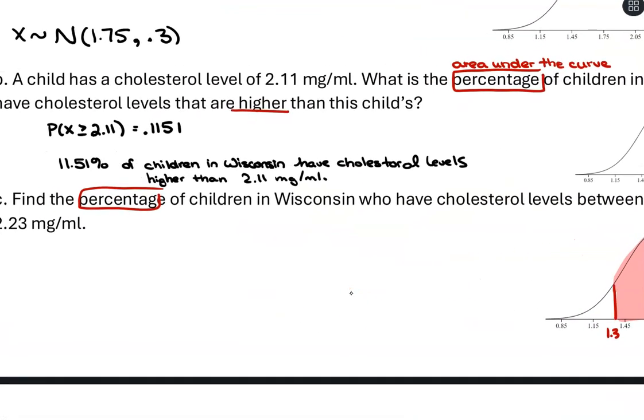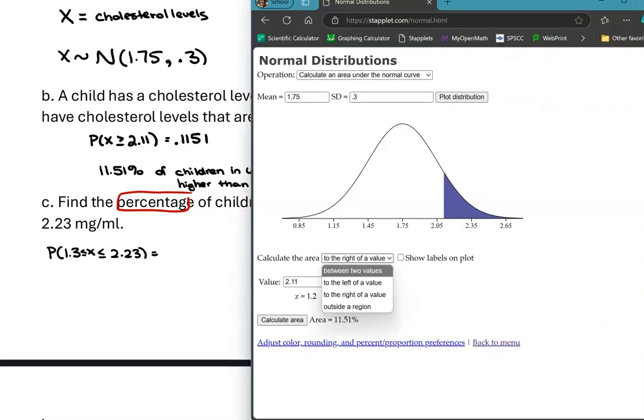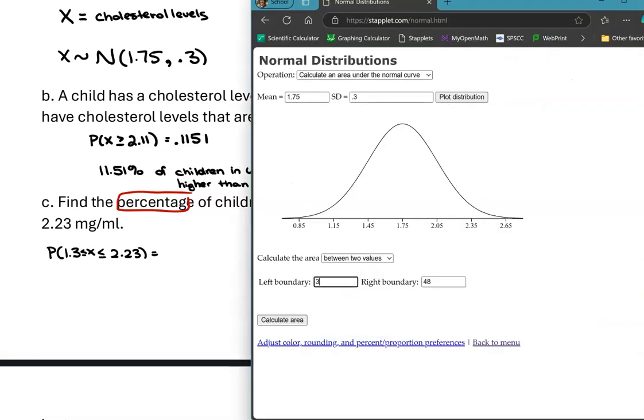So I can get some intuition going before I plug anything in. So we're looking for the probability between 1.3 and 2.23. And we'll go for between two values, 1.3 for the left boundary, and the right boundary is going to be 2.23. And that's at 87.84%.